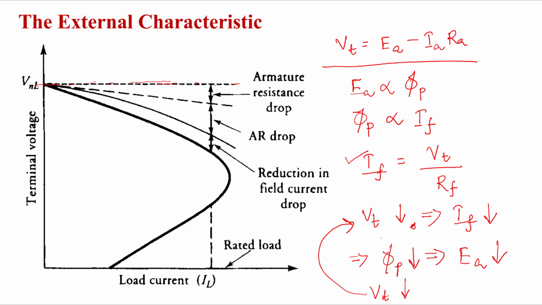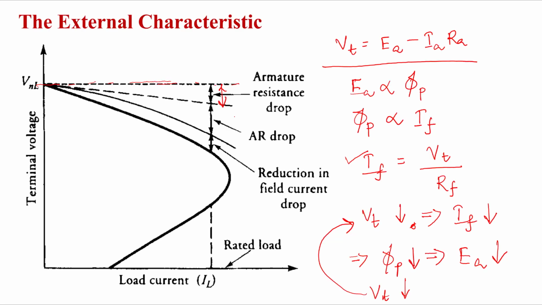So here also saturation plays a very important role. Because of the saturation only your voltage remains in a stable condition. The saturated magnetization curve plays a very important role here in order to stabilize. Here we can see this is the armature drop, and this is the drop because of the armature reaction.